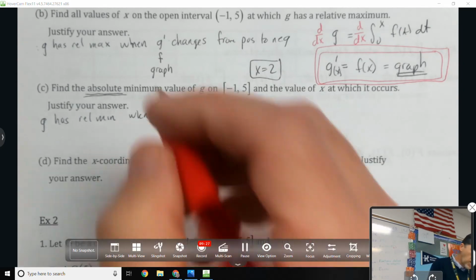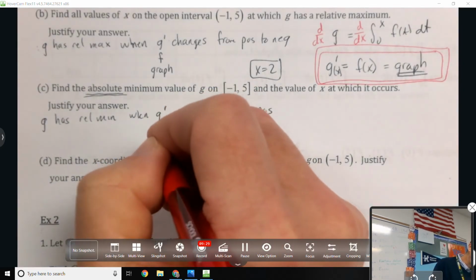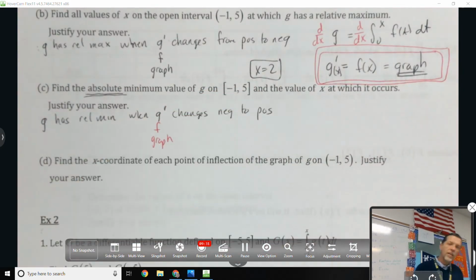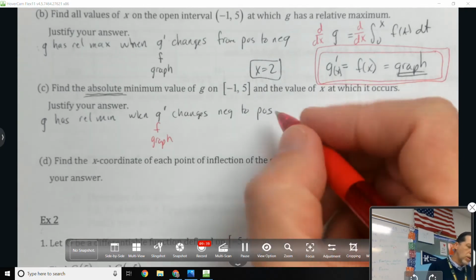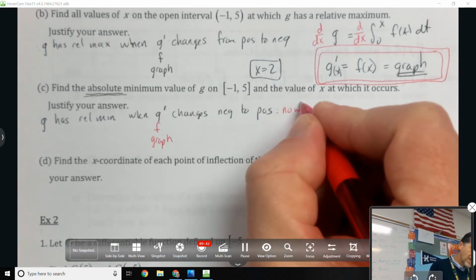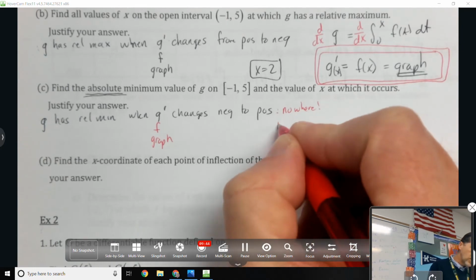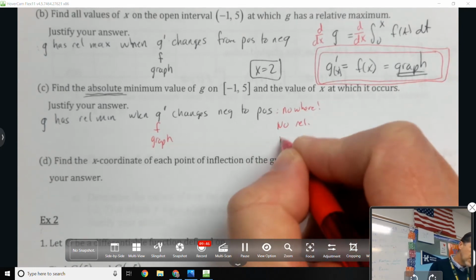So G prime is the same as F is the same as the graph. The graph is F. So where does our graph change from negative to positive? Nowhere. So there are no relative mins.